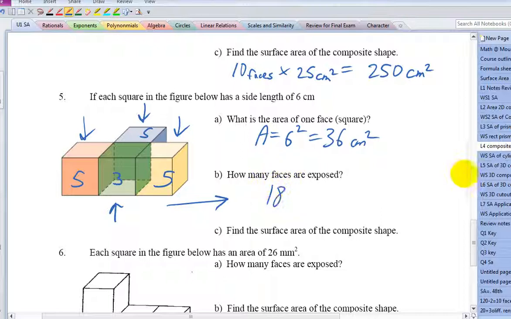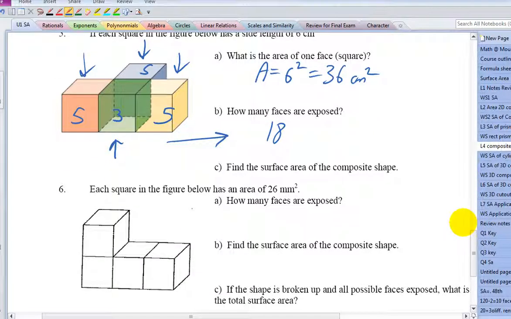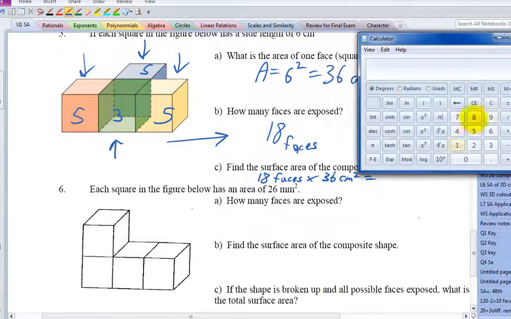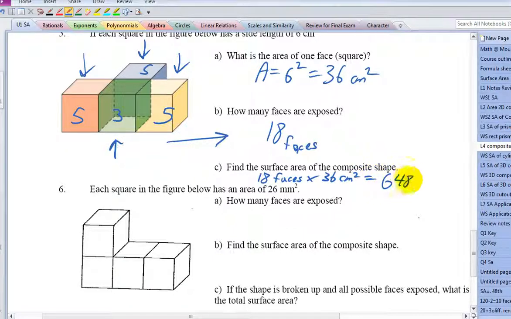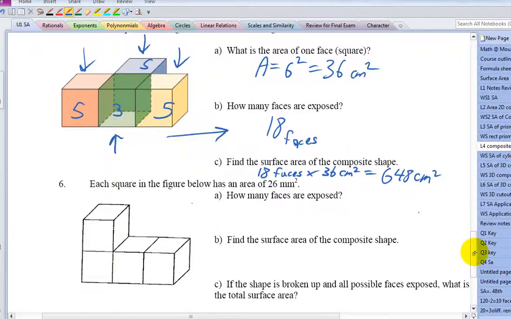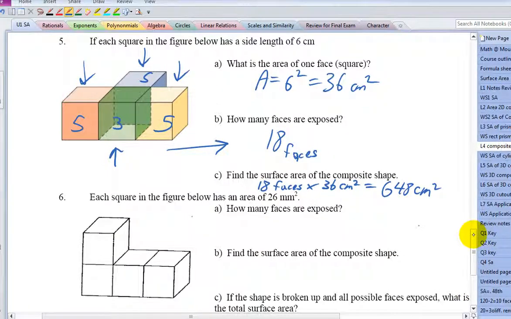Good job. Okay. So to find the total surface area then, we take 18 faces times 36 centimeters squared each face. 648 centimeters squared. Okay. How many people got that? Any questions about that? Good to go?